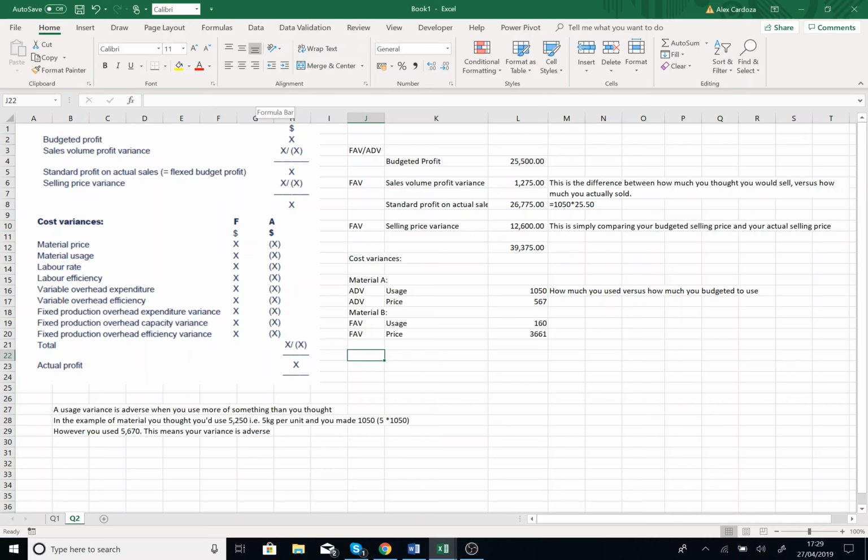So now we are going to move on to our labor variance. And here we have the rate and the efficiency. The rate is how much we paid for it.